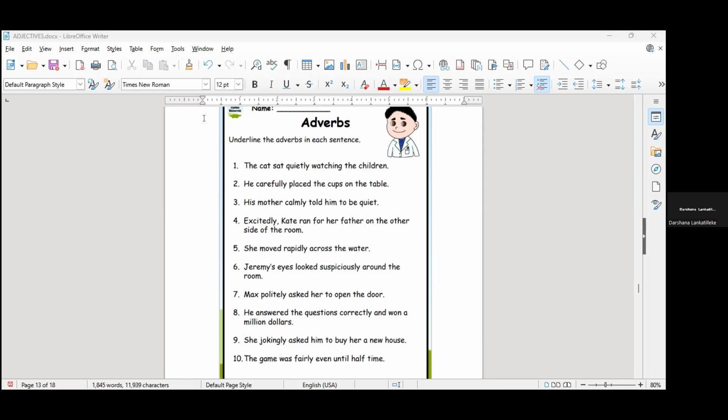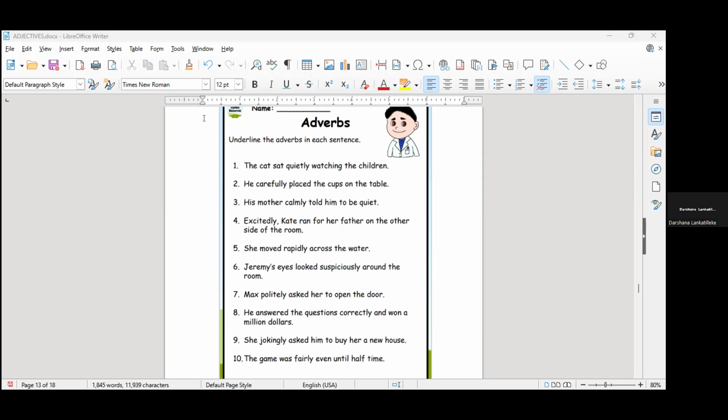Number 3, his mother calmly told him to be quiet. So told is the verb, told how? Calmly. Okay, that is the adverb here. Number 4, excitedly, Kate ran for her father on the other side of the room. So here also you can find two adverbs. One is the first one, excitedly.